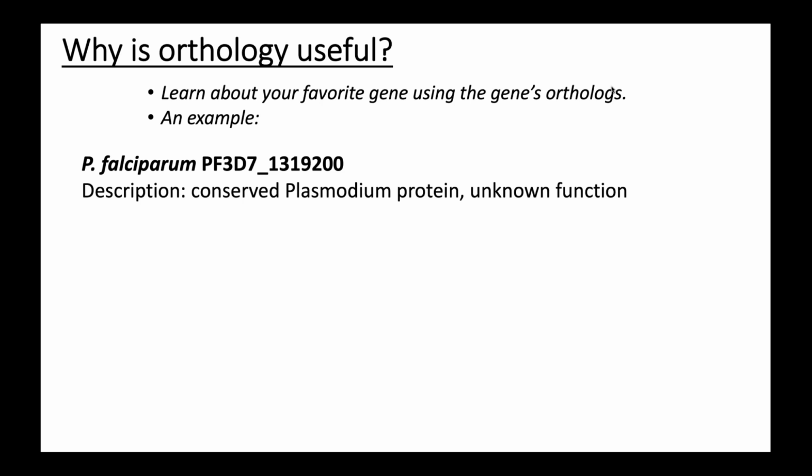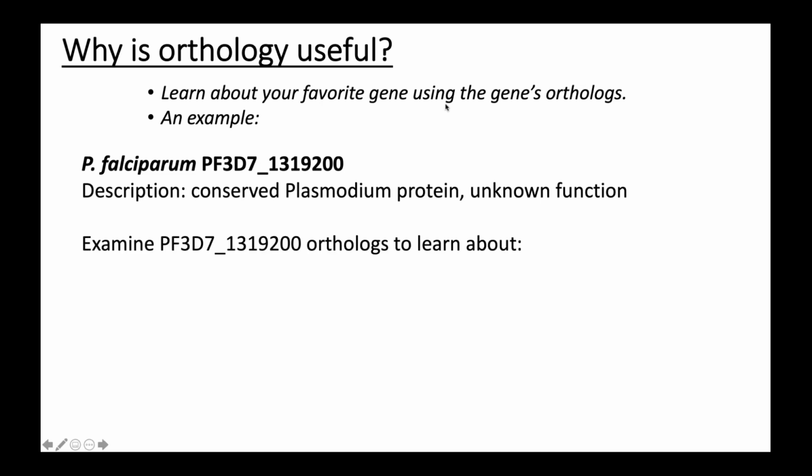This gene, its description on the gene page, is a conserved Plasmodium protein, unknown function. Okay, not very helpful. So what we could do is examine its orthologs to try to figure out what it might do.